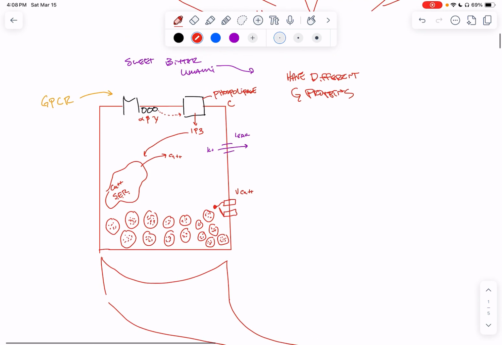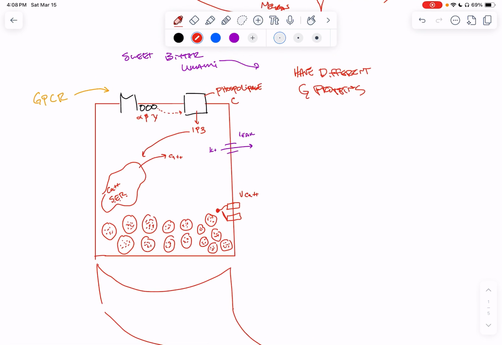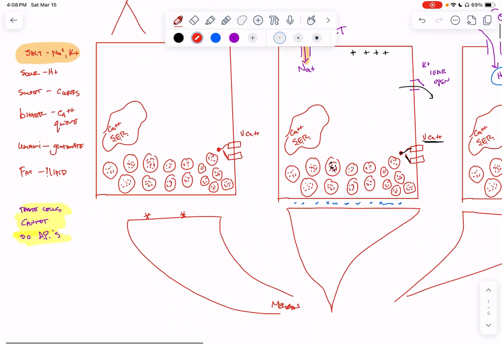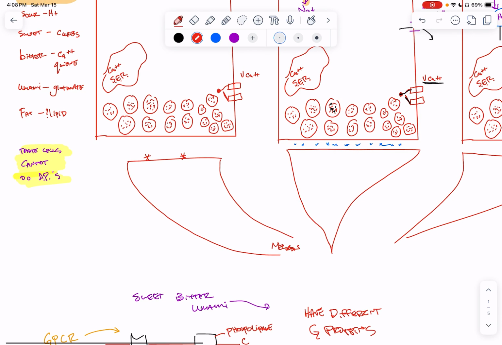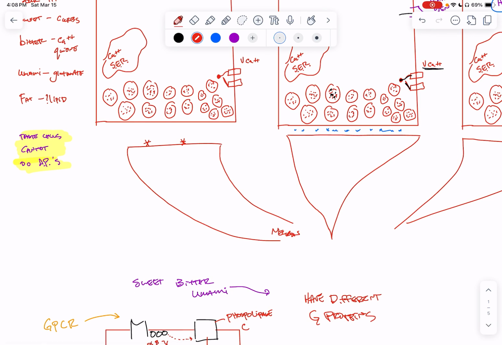So, for example, if you're tasting something like glucose with sweet, bitter, and umami, sweet is carbohydrates, bitter is calcium and a molecule called quinone, and umami is in response to glutamate.